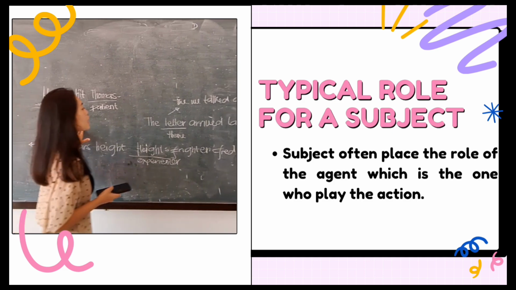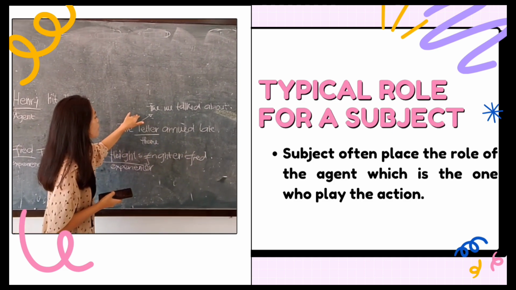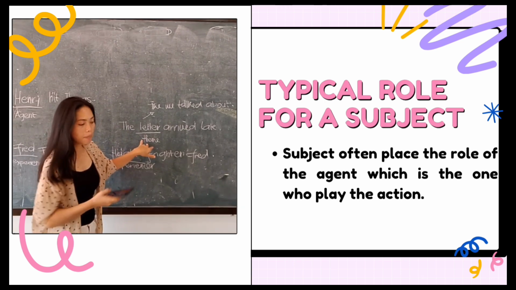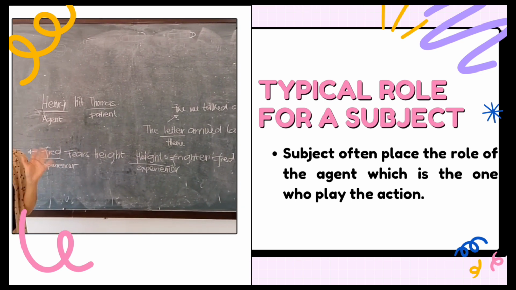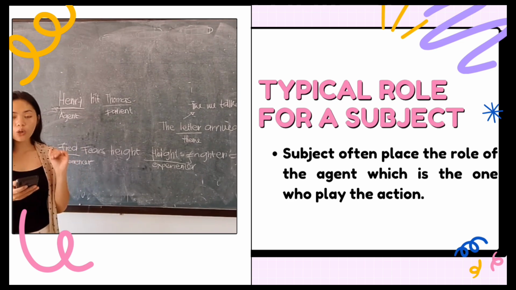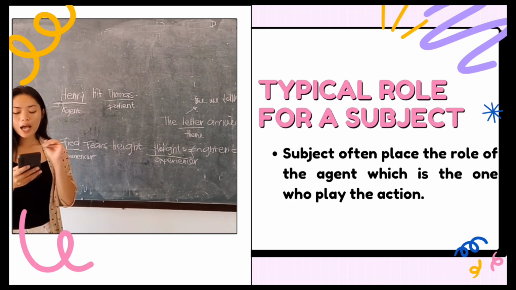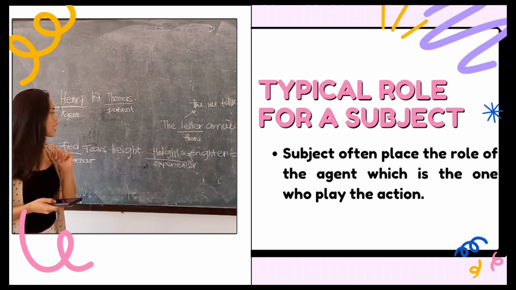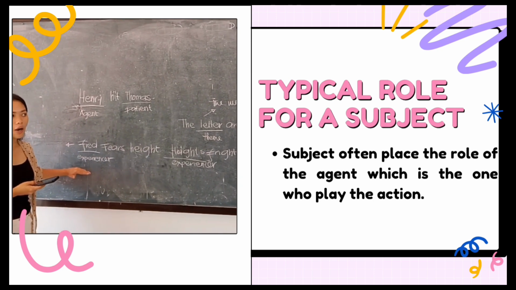The example here is "The letter arrived late." So the one we're talking about is the letter. So this is our theme. Now, the relationship between the subject and its role isn't always straightforward. For example, "Fred fears heights." The one who fears heights is Fred, which is our experiencer, who experiences being afraid.